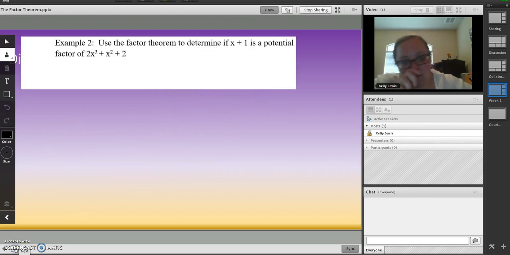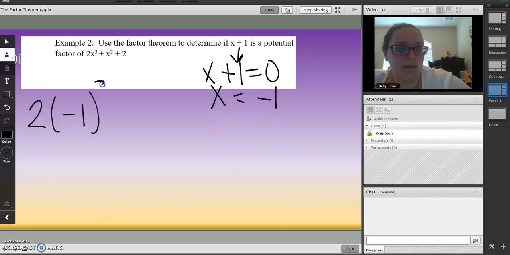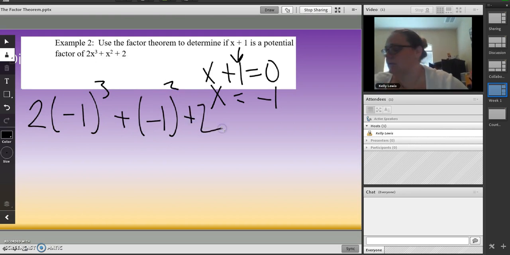Let's do another one. Use the factor theorem to determine if x plus 1 is a factor. All right, so we're going to solve this guy. x plus 1 equals 0. And so we get x equals -1. So I'm going to do 2 times -1 cubed plus -1 squared plus 2.